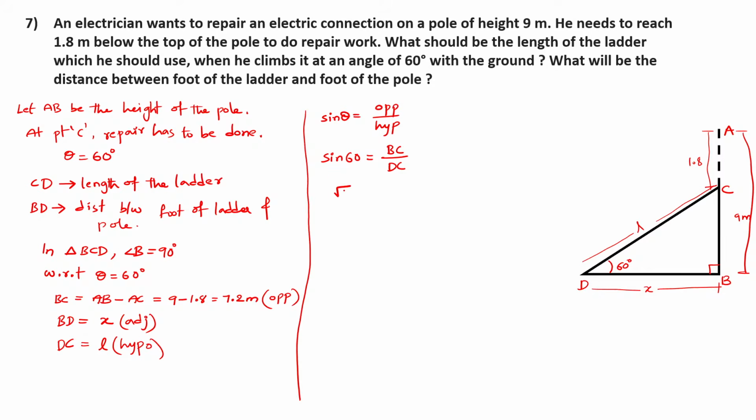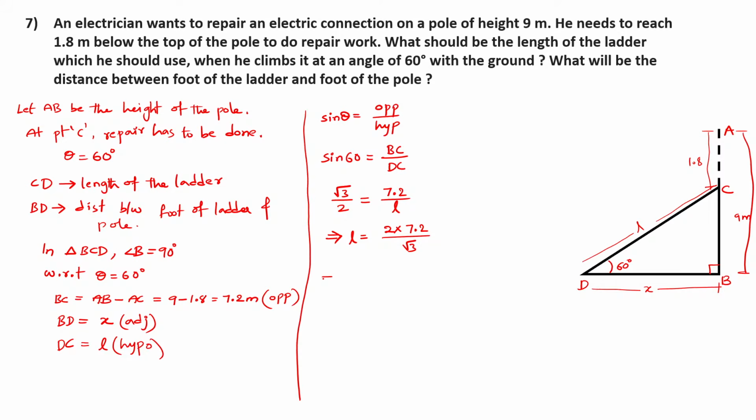Sine 60 value is root 3 by 2. BC is given as 7.2 from the calculation. DC we don't know, and we assumed it as L. Now transposing, L is equal to 2 into 7.2 by root 3.